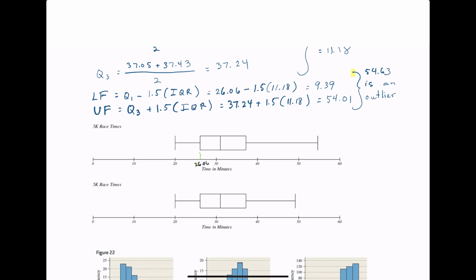The median that shows up here is our 30.95, and quartile 3 is what we discovered it to be at 37.24.